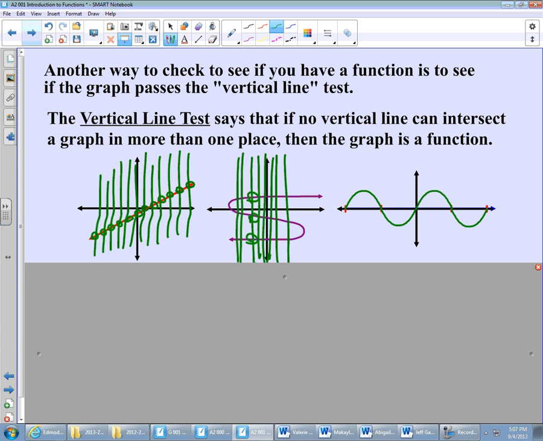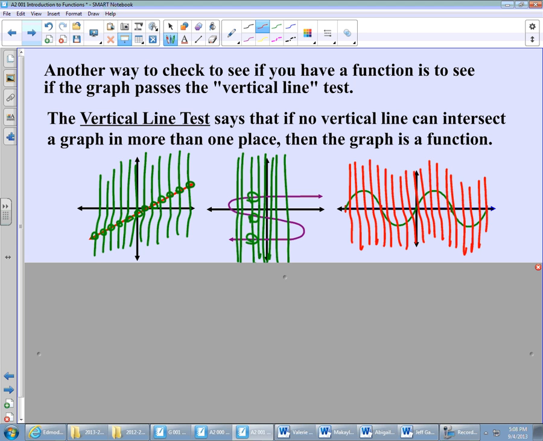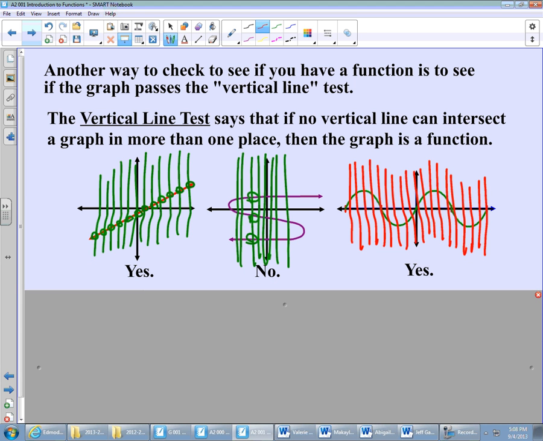How about the graph over on the right side of this page? Okay, vertical line test. You can draw as many vertical lines as you want. Does any one ever hit the graph more than once? No, they are all only making contact one time.